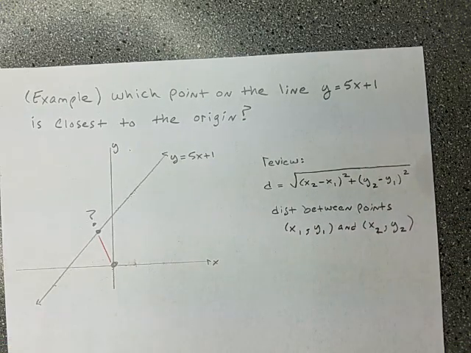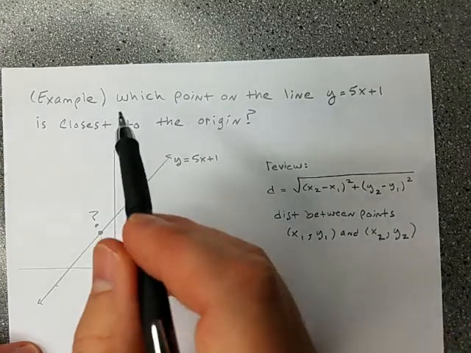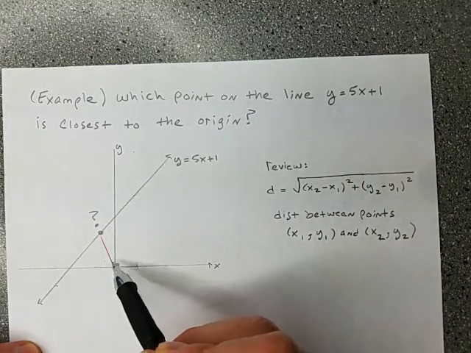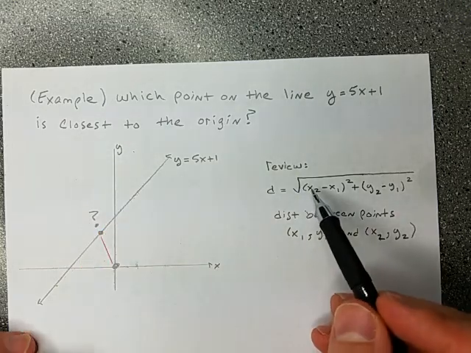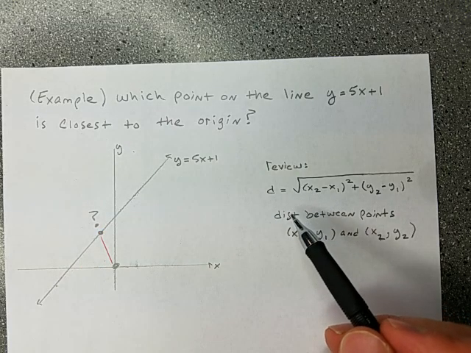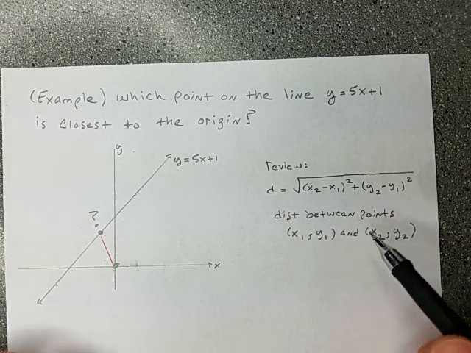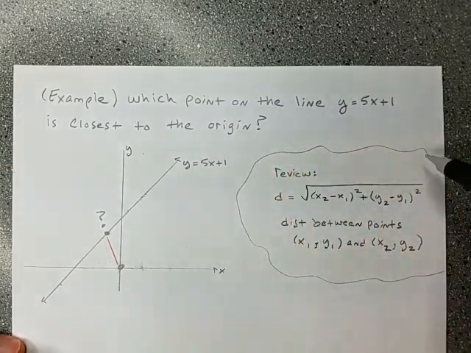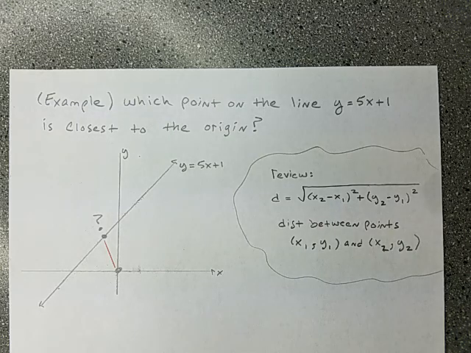Okay. All right. So that's going to have to be involved in this somehow, because I want to put this point as close as I can to that one. And by close, that means that the measurement of the distance between the points is going to be as small as possible. All right. So yeah, we need to get that on paper, or at least for me to remind you of it before we can get too far into this one.